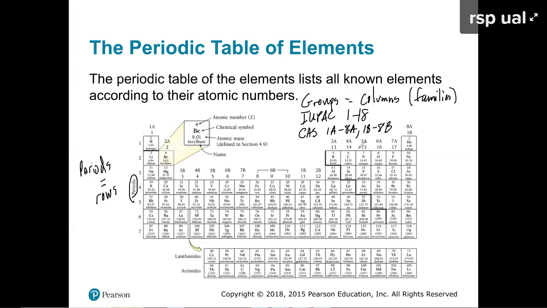First of all, instead of 1B being over here on the left and 8B being over here on the right, you can see that 1B actually starts in the middle of the table, and 2B is next to it, and 3B is way over here, and 8B is these 3 columns over here.